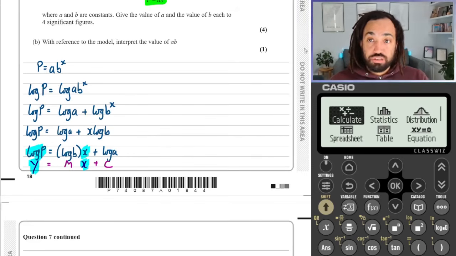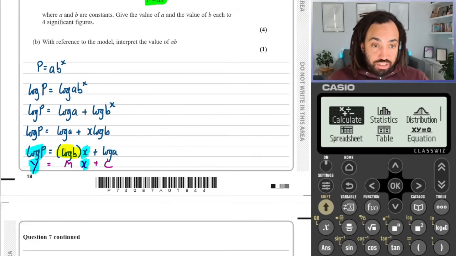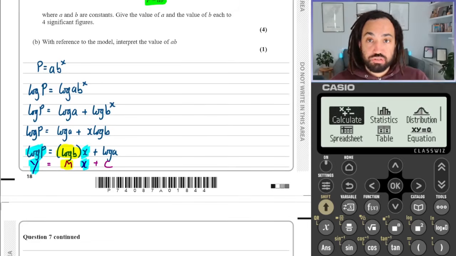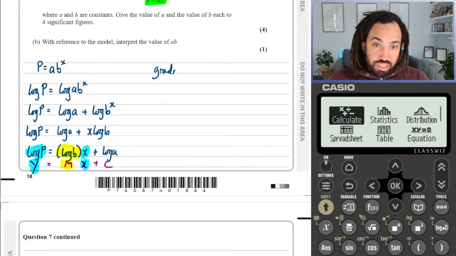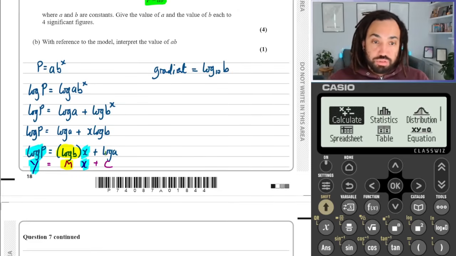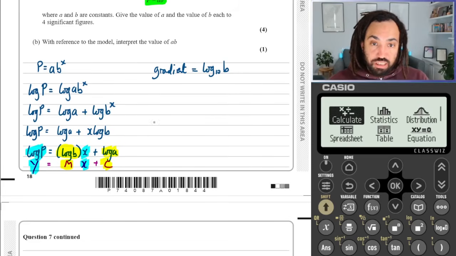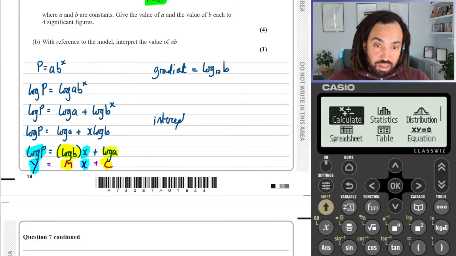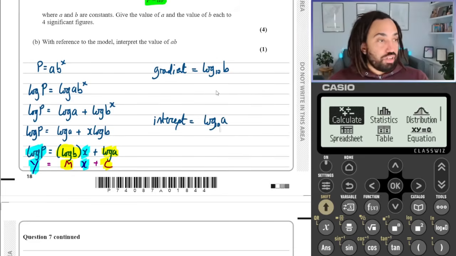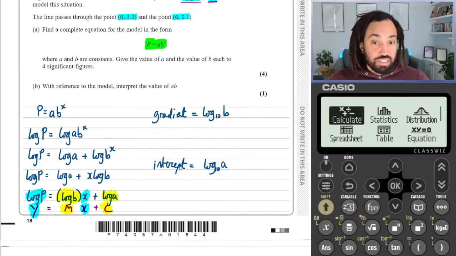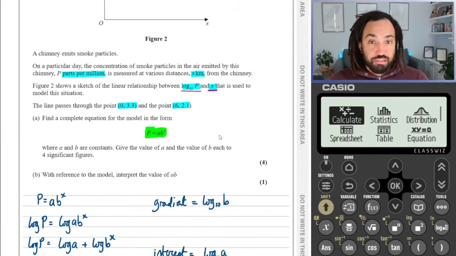That allows us to see that this must be the same as m, which of course is the gradient. So the gradient is going to equal log base 10 of b, and also c on a straight line, which is the y-intercept, is going to equal log base 10 of a. Okay, so all we need to do now is find the gradient and intercept, and then we've got an equation which links them to a and b, so we can find a and b.